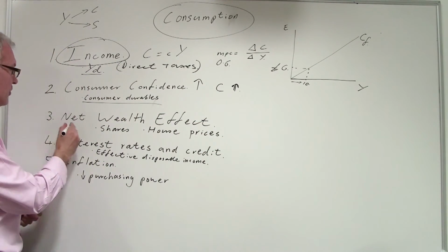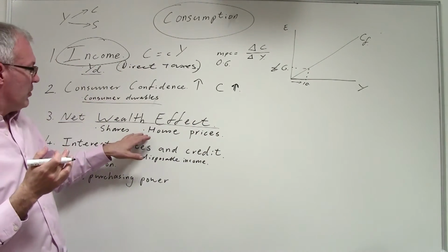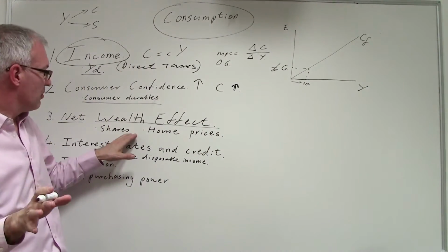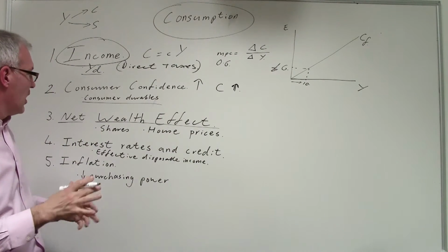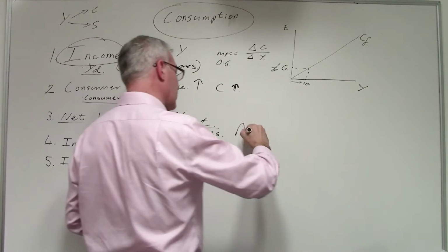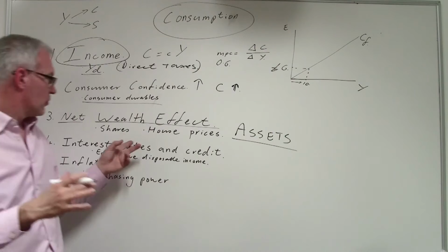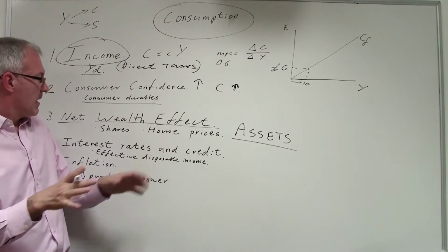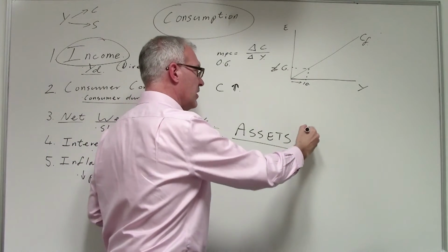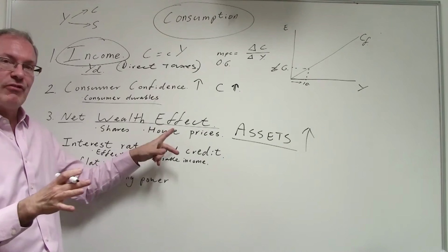Well, a third factor that's important is the net wealth effect. In the United States, particularly share prices are important, but in the UK, house prices are also important. The main assets, be it houses or shares that people have, if they go up in value, it's called a positive net wealth effect.